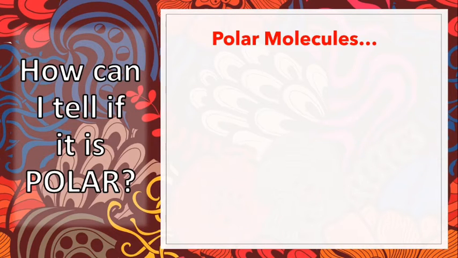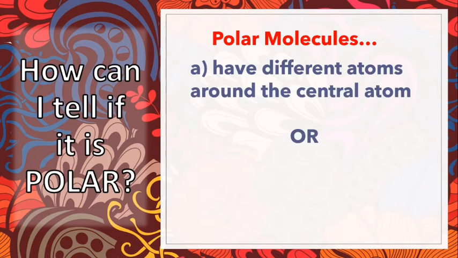So, if you remember, polar molecules have one of two things. Either they have different atoms around the central atom. What I mean is, if I have something like CH4, that's carbon with 4 H's around the outside. So all of those are the same, so this is not polar.